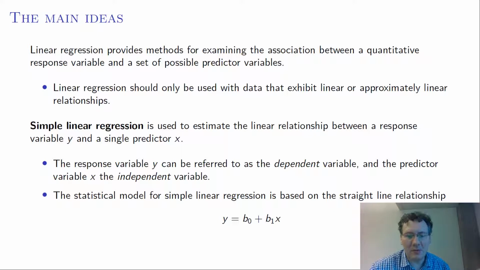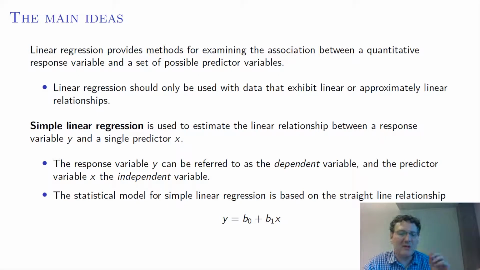Simple linear regression, which is what we're talking about here, is when you have just a single predictor X and a single response Y. Sometimes we call the predictor the independent variable, and sometimes we call the response the dependent variable. The model for a simple linear regression is like the slope-intercept form of a line, which you looked at in algebra.